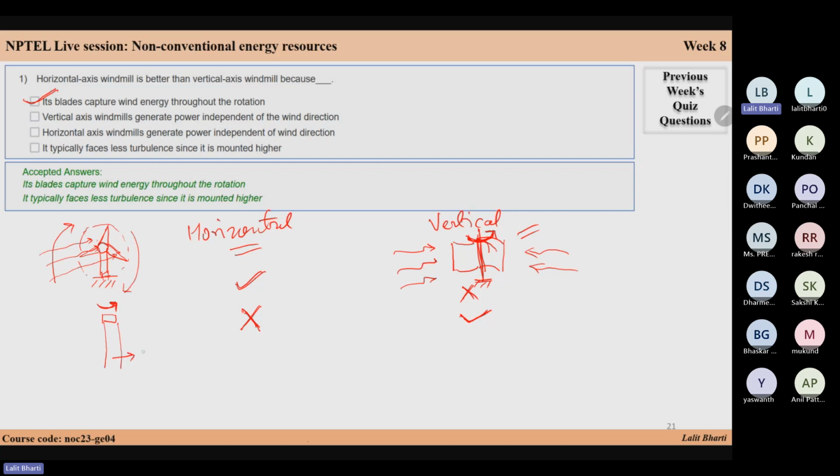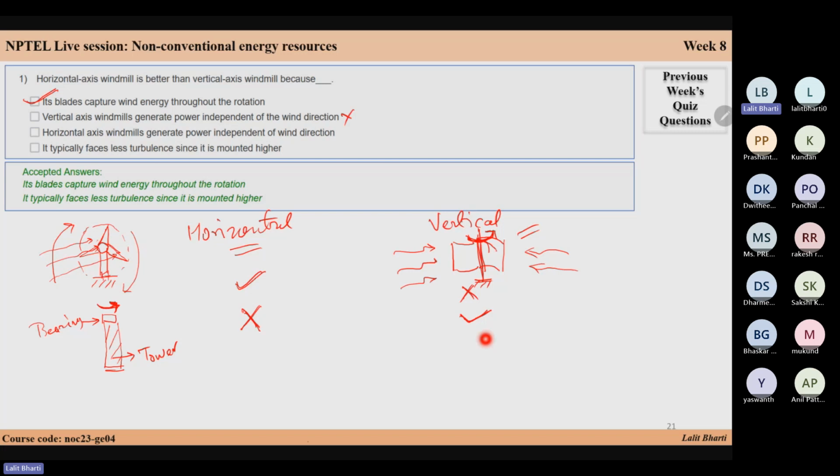So this is your stand, or your tower, and you have one bearing here, which can rotate independently according to the direction of the wind. So this design can be used, but theoretically, without this bearing, the blade direction needs to be in the direction of the wind. So the second statement is not correct for us.